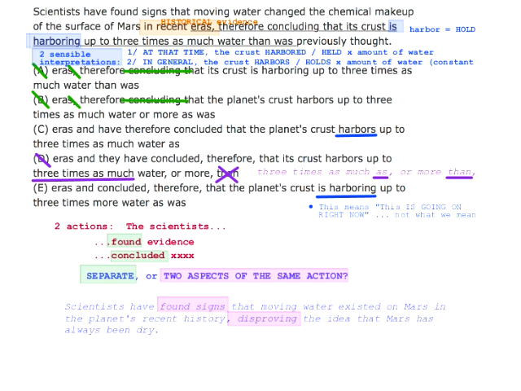But by no means can we say it is harboring right now, because then evidence from recent eras wouldn't tell us anything about that. You know, when you say "is verb-ing," you're implying that this is a thing that is going on right now, but that is not a perpetual general sort of thing.